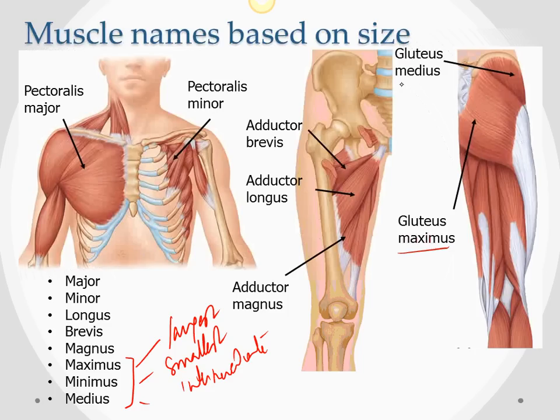Deep to it is this second muscle, which is next in size, gluteus medius. And if I cut gluteus medius here and peep inside, gluteus minimus lies deep to that. So it is a smaller muscle, okay? Gluteus maximus, medius and minimus. So this is fairly simple based on what names they have. Gluteus maximus would be a large muscle present in the gluteal region, okay?